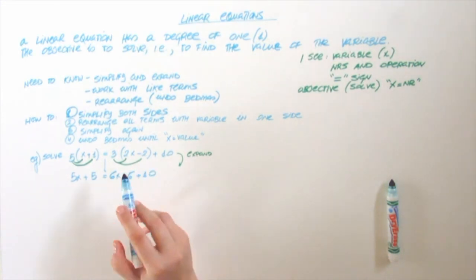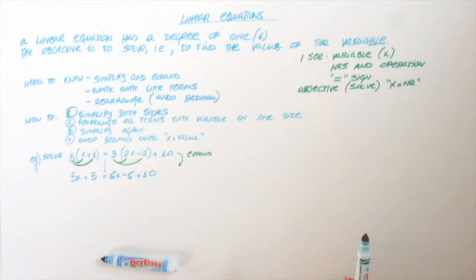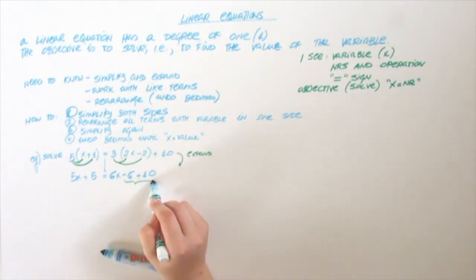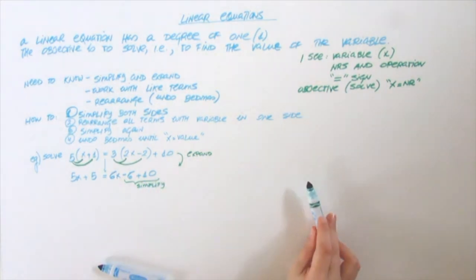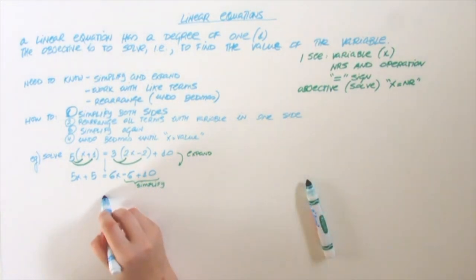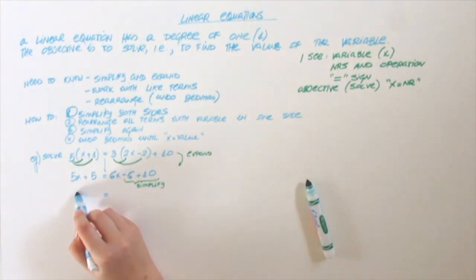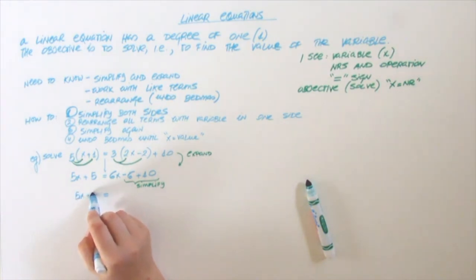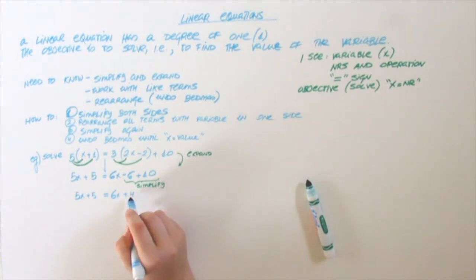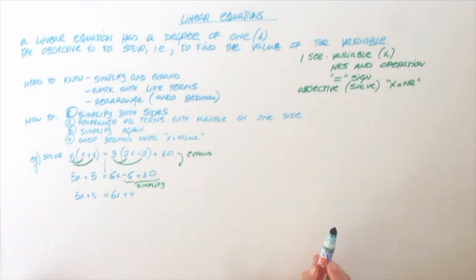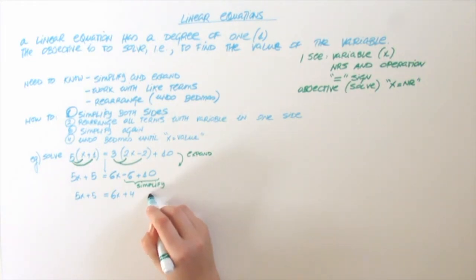I see like terms here, so I'm going to simplify them because now I can combine them together. I didn't touch the left-hand side, and in the right-hand side, now I've got 6x plus 4.